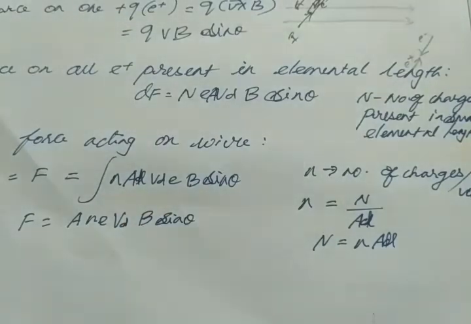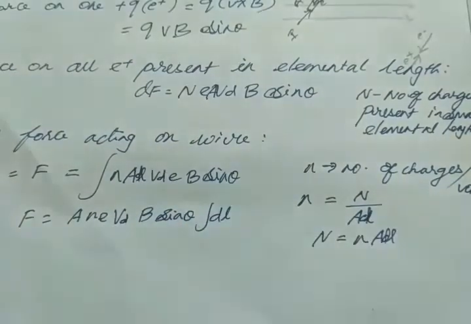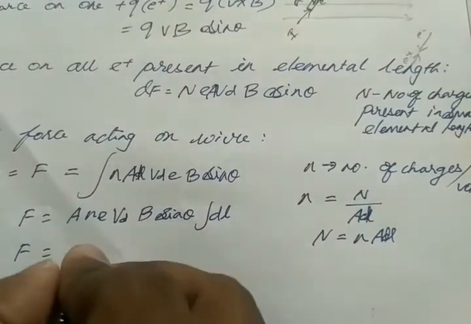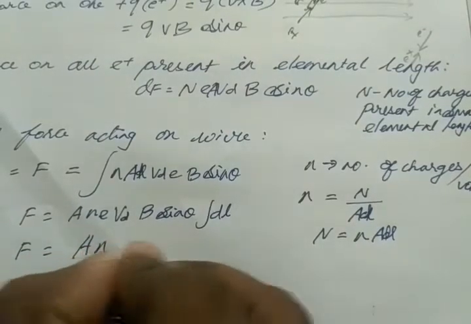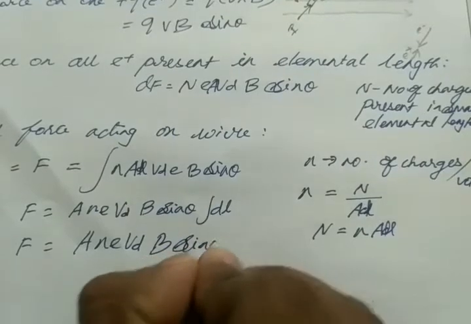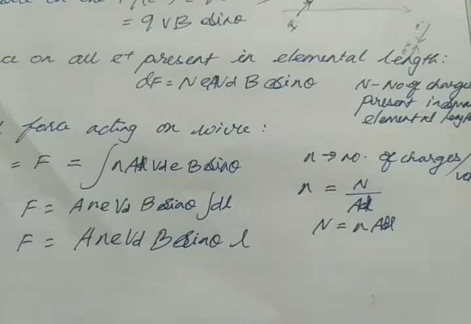We did not change any angle. And what is variable? Our dl is only variable. I can take dl wherever I want in the wire. So integration of dl is nothing but N E A VD B sin theta. Integration of dl is L.